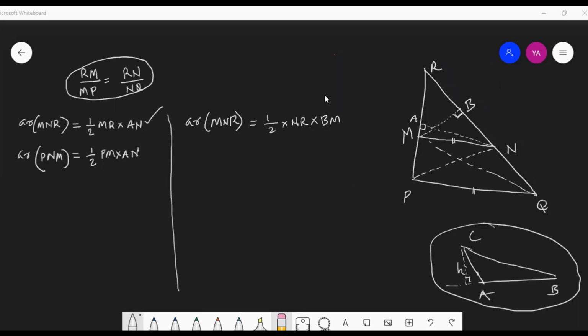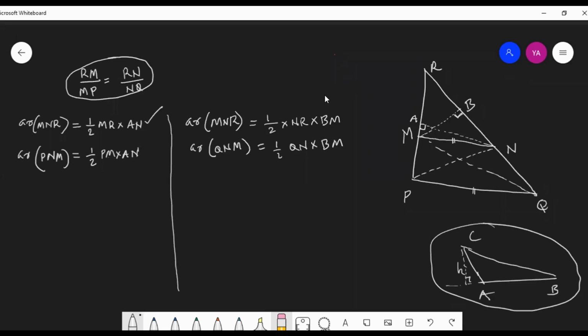Then we can find the area of triangle QNM. What will be the area of triangle QNM? I have marked one height of this triangle. Half into QN into BM. Yes, QN into BM, very good.